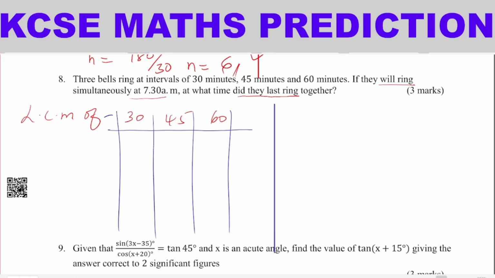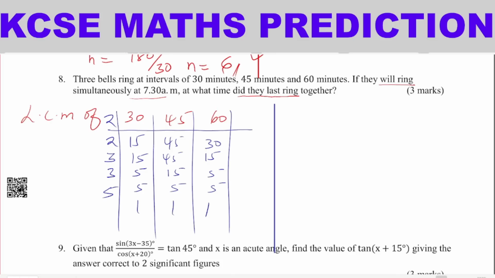We divide by 2. This will give 15, 45, 30. By 2 again, this will give 15. Dividing everything by 2, this will give 45, this will be 15. Then we divide by 3. This will be 5, this will be 15. 3 again, this will be 5 still, then 5, 5, 1, 1, 1.